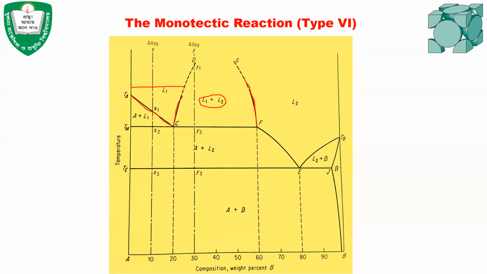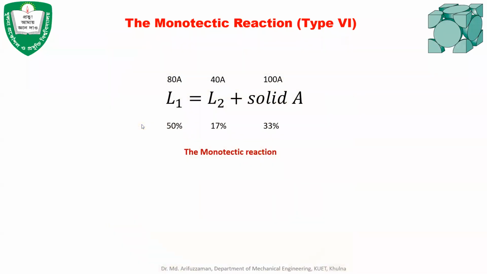At this temperature, at this line, TM is the monotectic reaction line. When it reaches this temperature, if you look at the monotectic reaction, one liquid will produce a solid and a different type of liquid.